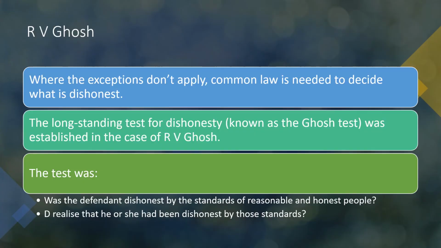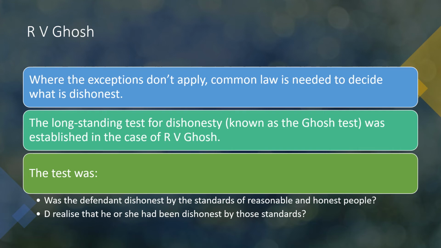Now, we're not to use the Ghosh test anymore to establish what dishonesty is. We will talk about the developments of the law, but it is for context only. The old rule under Ghosh from the 1980s was, where exceptions don't apply, common law is needed to decide what is dishonest.